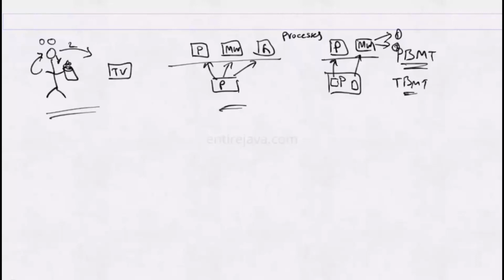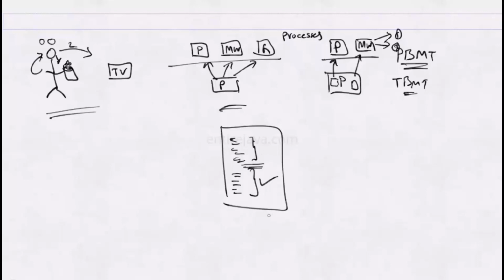Let me just explain what I mean. Let's say you have a Java program, and say you have instructions on downloading a file, and you have instructions that will do some math. Now both these sections of code are completely independent of each other. We don't want this section of code to wait for the file to get downloaded, because this section of code has nothing to do with file download.